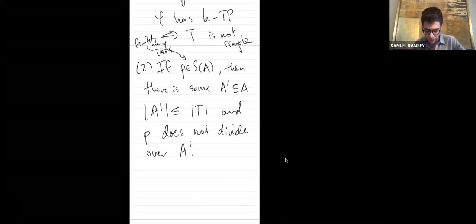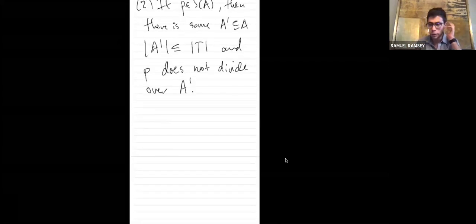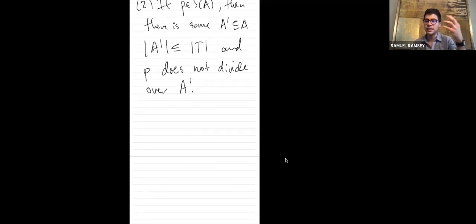But okay, so what does this say? Remember that we had two notions around. One way of thinking about dividing is that you don't divide over A. Not dividing over A means that all of the essential information is contained inside of A. So then we also had this other notion of generic extension.